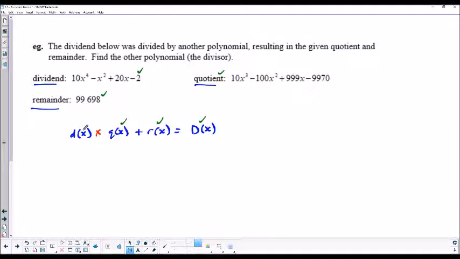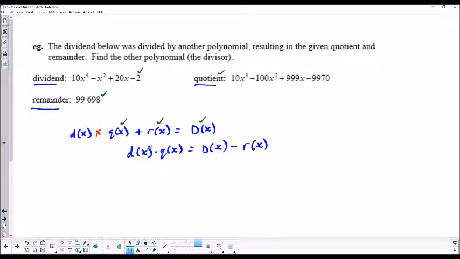Okay, so here's an equation that we have to rearrange now. So we would subtract the remainder from both sides. So we're going to be left with the divisor multiplied by the quotient equals the dividend minus the remainder.